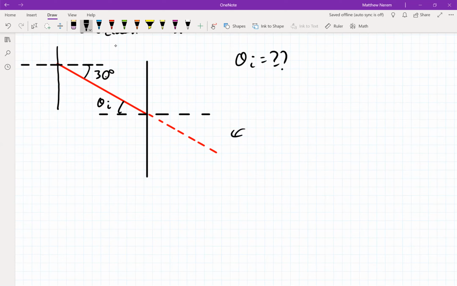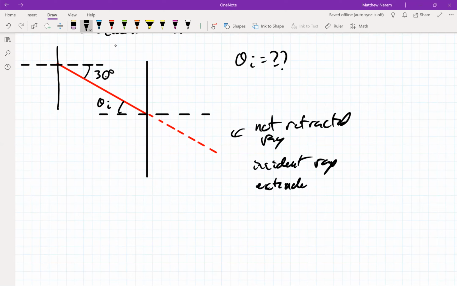So not the refracted ray, but the incident ray extended to do geometry. So extending that, I say, hey, look, I know this angle here to here.